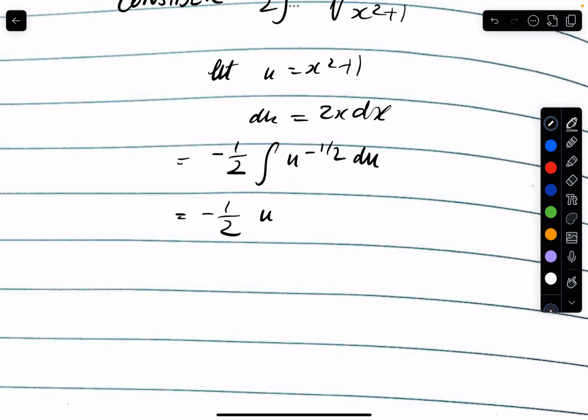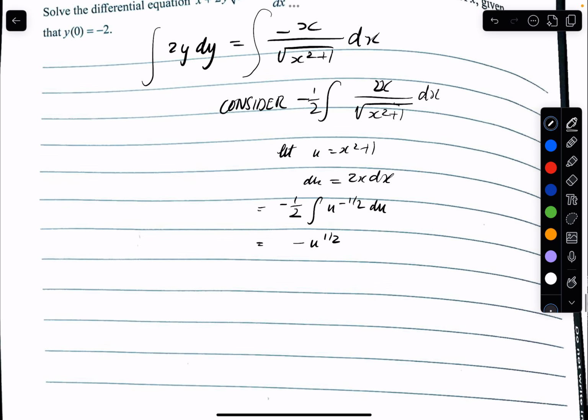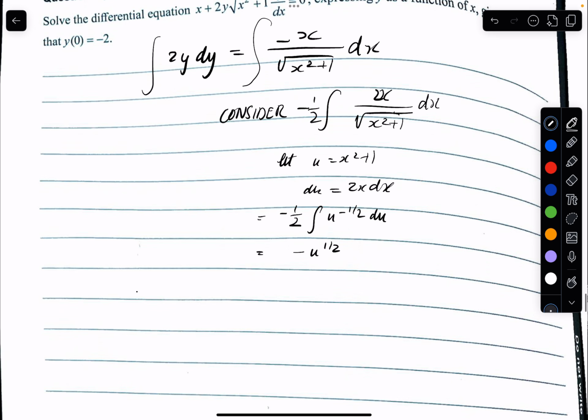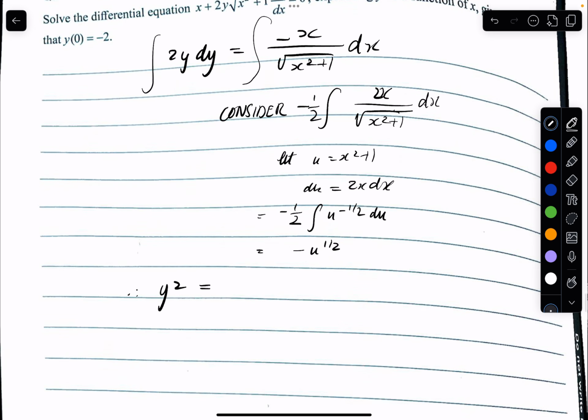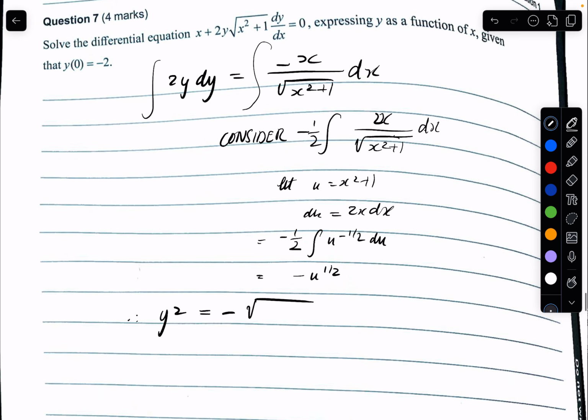This will be u to the power of 1/2 divided by 1/2, which is multiplied by 2, plus c. Okay, so therefore y squared is equal to this, which is negative square root of u, which we said was x squared plus 1, plus c.